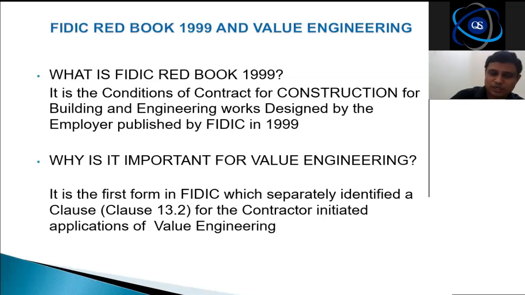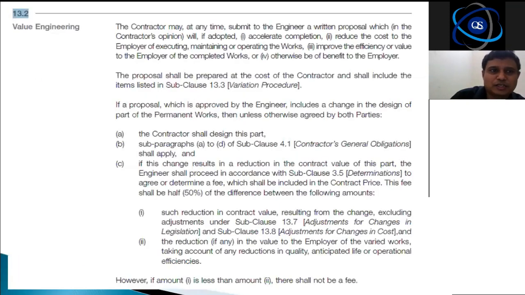So now let us understand the value engineering clause completely, related to the FIDIC 1999 version, right? It says the contractor may at any time. What do you mean by may? May means at his discretion, right?